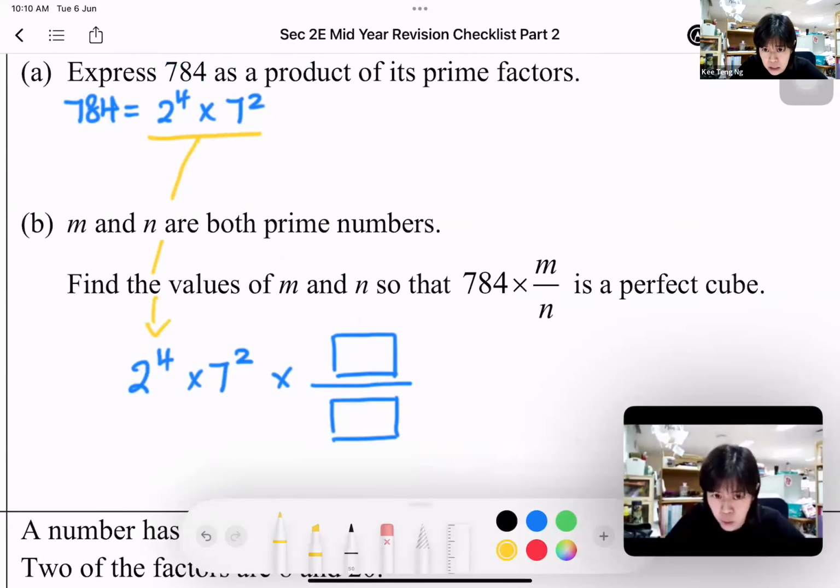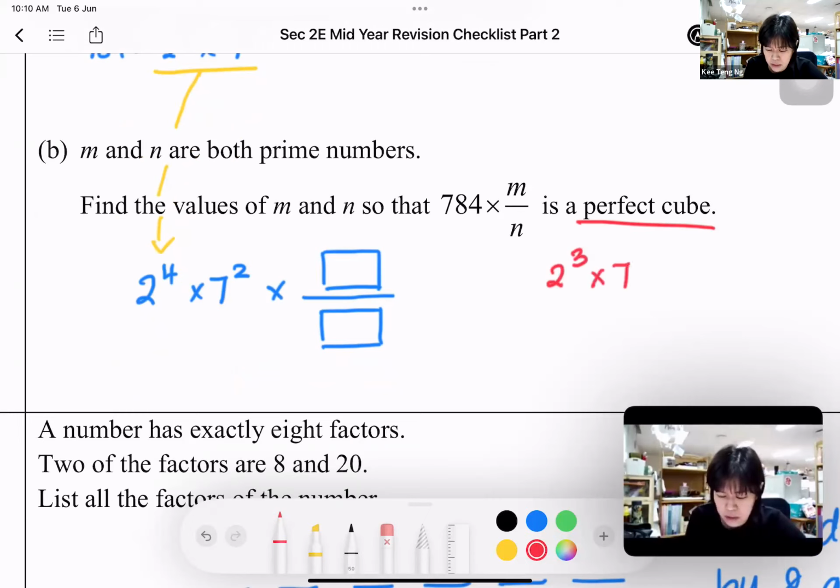There are many different versions of answers that I can try to obtain. So for example, if I want a perfect cube, it means my power must be a multiple of 3, right? So I can make this 2 to the power of 3, 7 to the power of 3. Can, right?